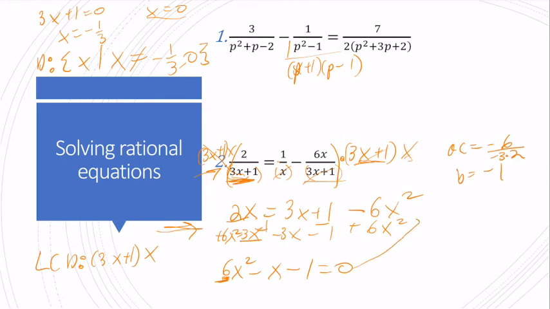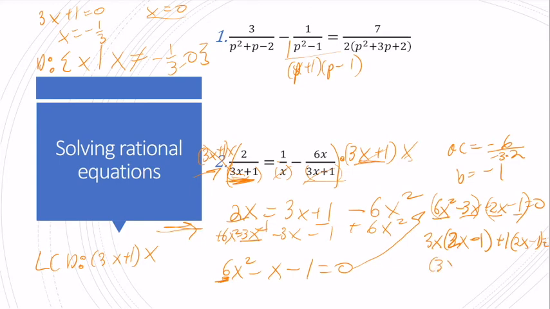Here I really have to pull my middle term apart into a negative 3x and a positive 2x, and factor by grouping. So 6x squared and 3x have a factor of 3x, so 3x times 2x minus 1. 2x and 1, their greatest common factor is 1, so I still pull that out. So I get 3x plus 1 times 2x minus 1 equals 0.